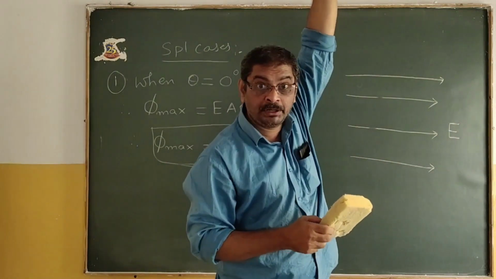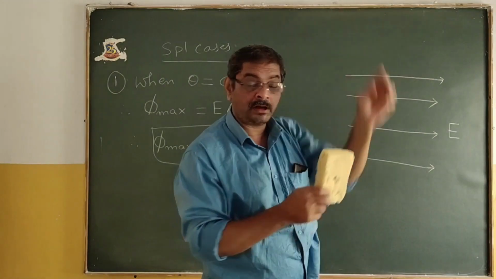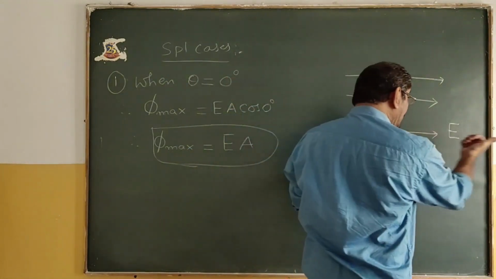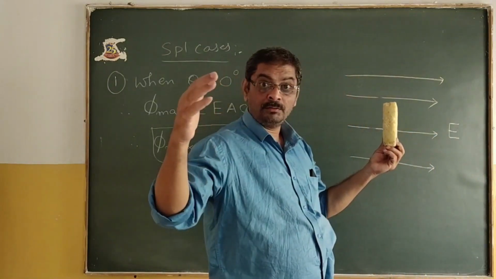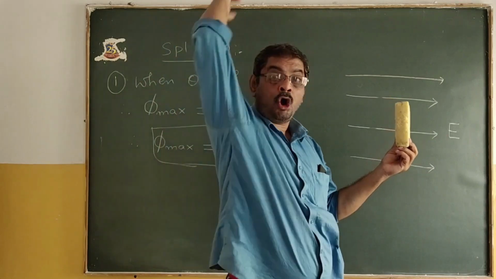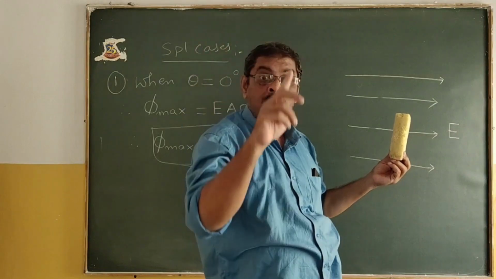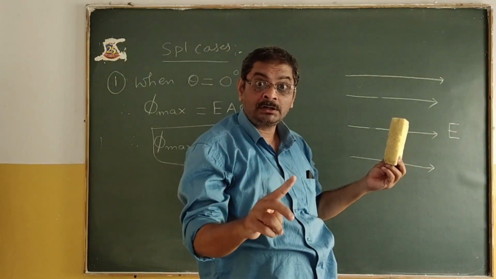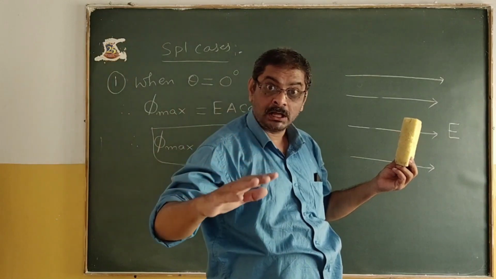Now what is happening here? In this case, the field vector and the area vector will both be parallel to each other.